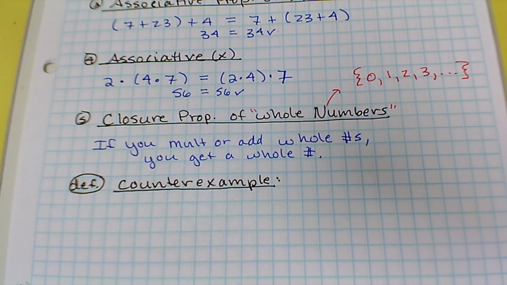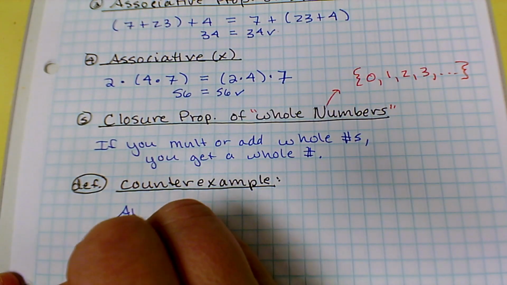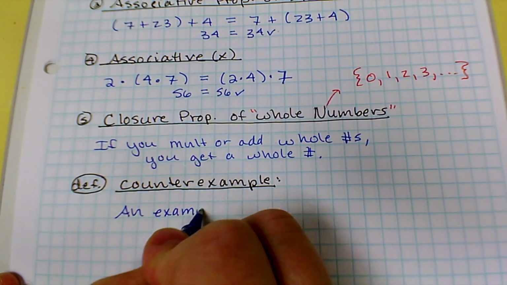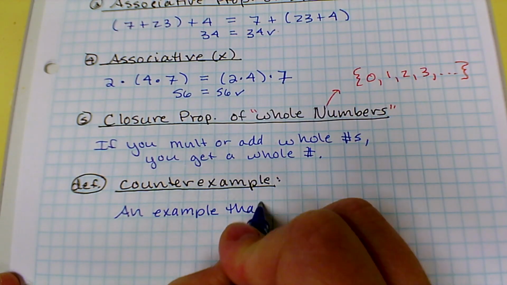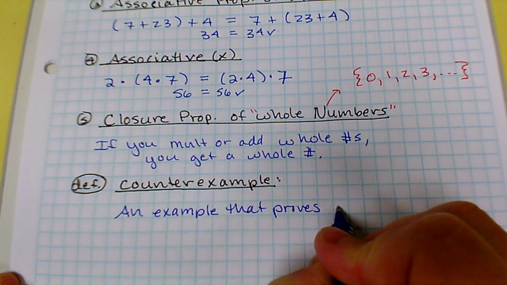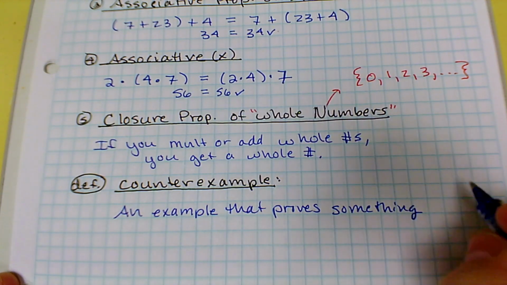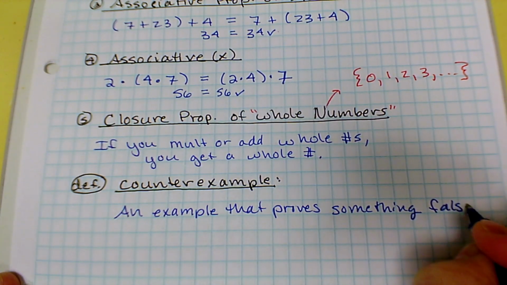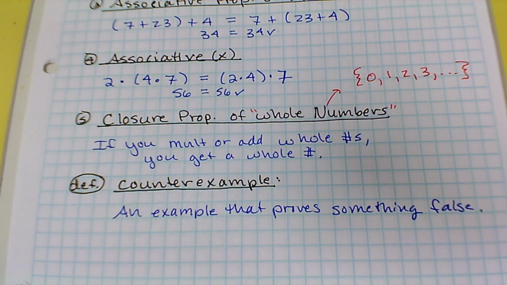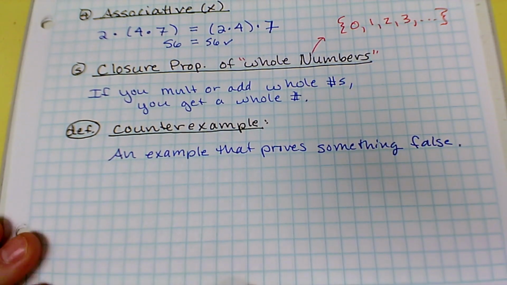So in math, if someone makes a statement and you come up with an example where that statement isn't true, the whole statement's false. So counterexamples are very, very powerful. A counterexample is an example that proves something false.